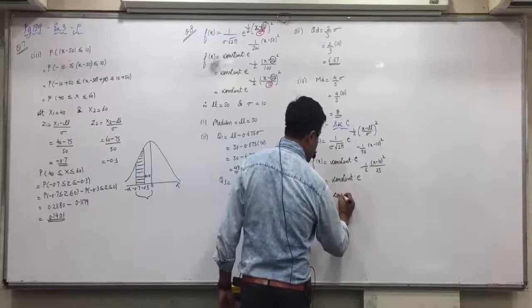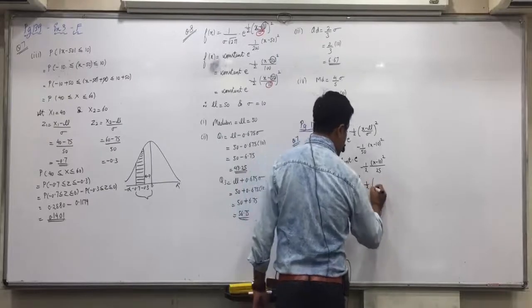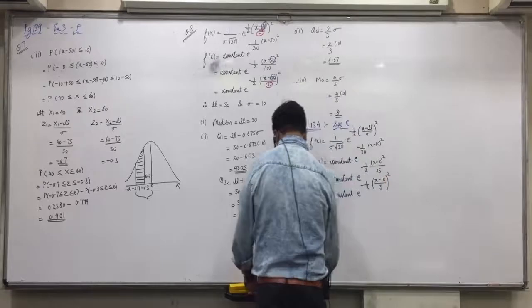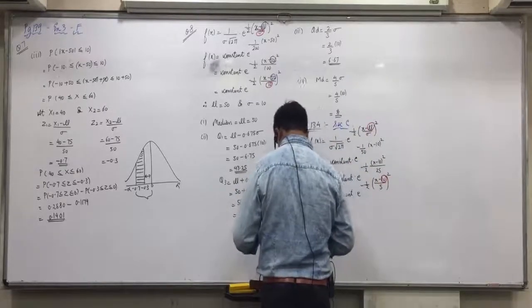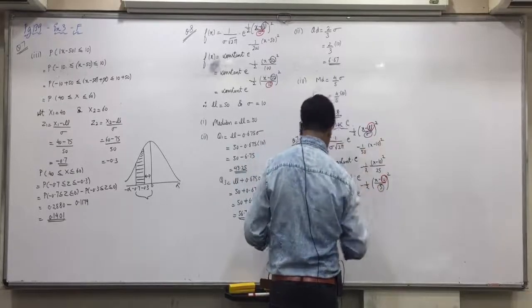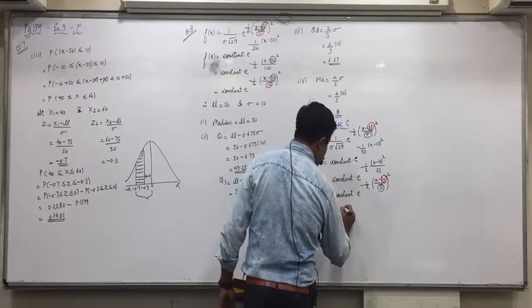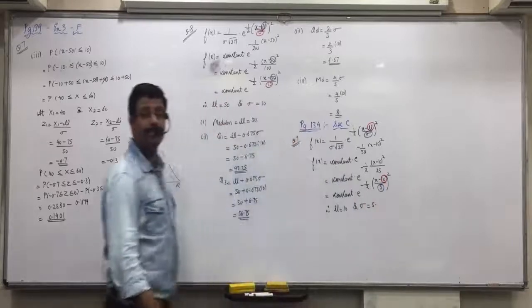So constant into e raised to minus 1 by 2 ((x minus 10) upon 5) whole square. Now what is mu? 10. And what is sigma? 5. Therefore mu is equal to 10 and sigma is equal to 5.